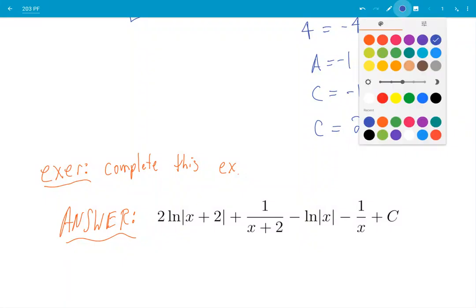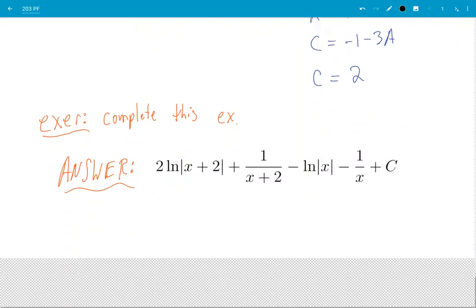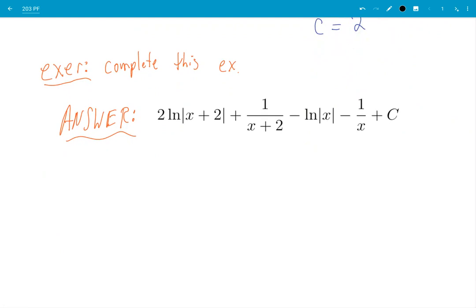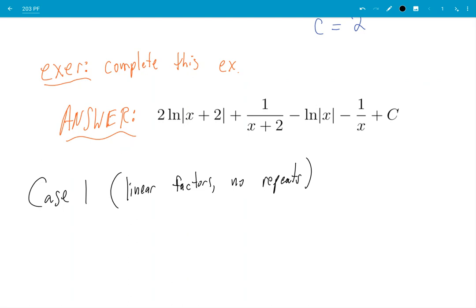Let's see. Okay, we have two cases we've done so far. Case one is linear factors, no repeats.